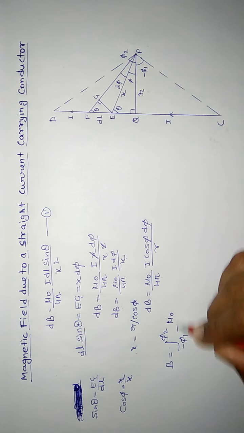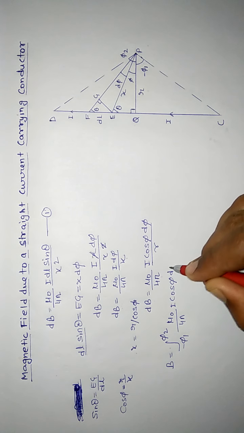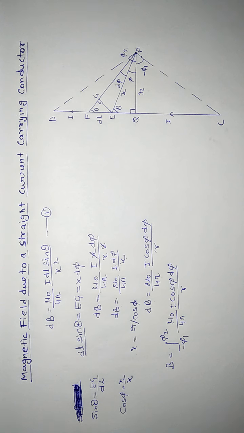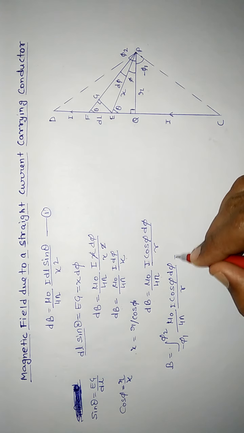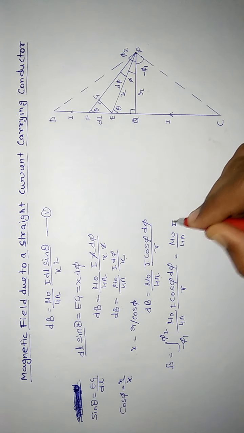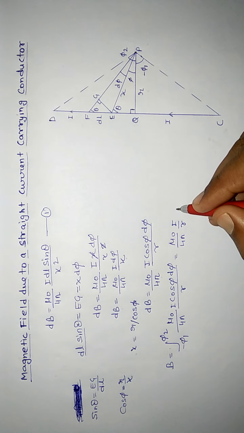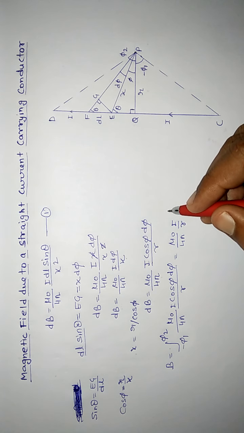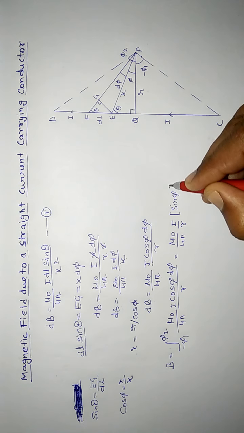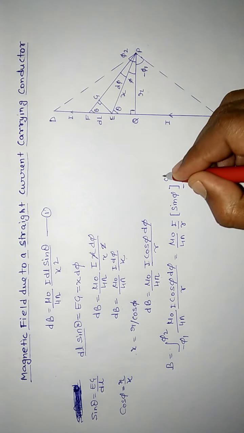Mu naught upon 4 pi I cos phi d phi upon r, or mu naught upon 4 pi I upon r will be constant, and the integration of cos phi is sin phi, so it will be sin phi, and the limits are minus phi 1 to phi 2.